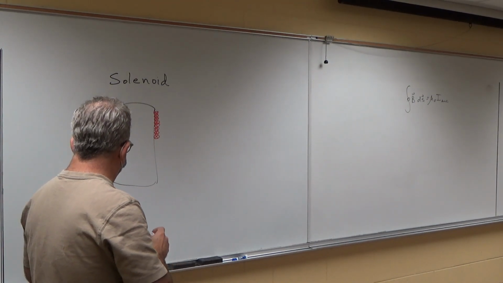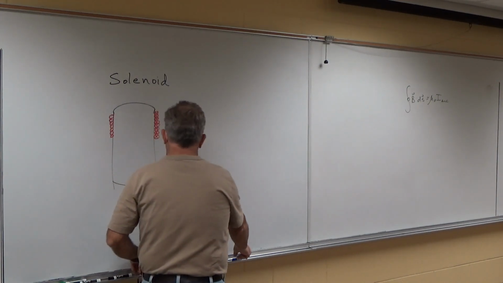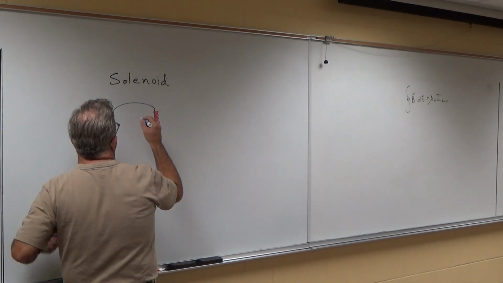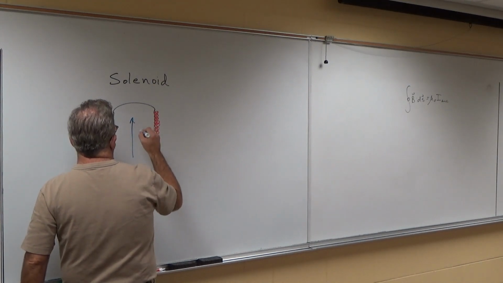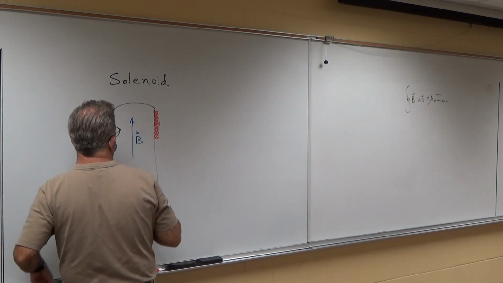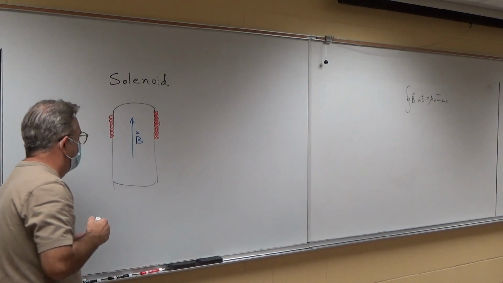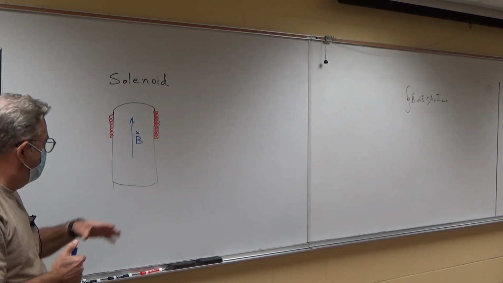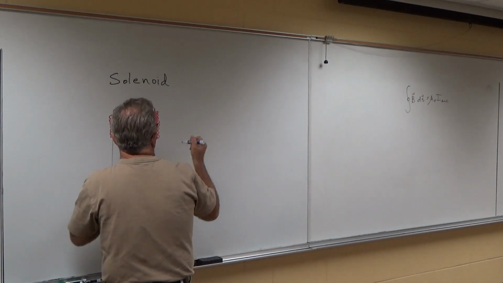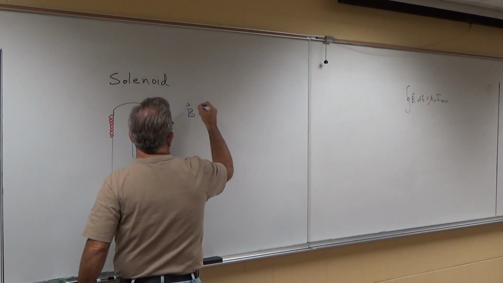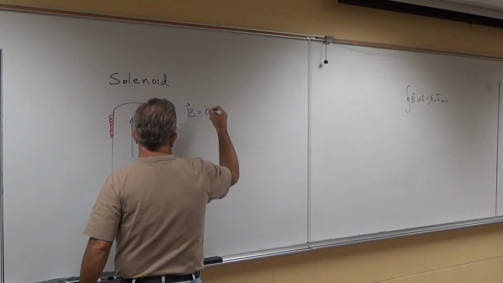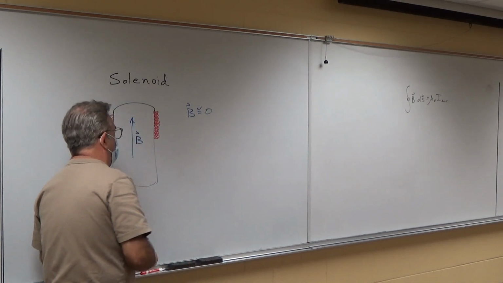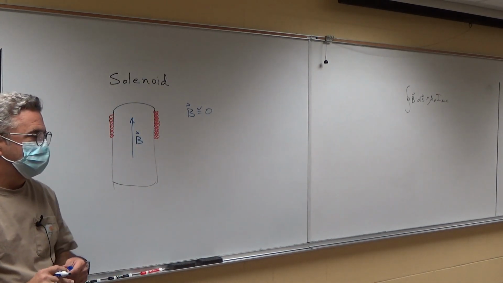All right. Inside the solenoid, you get this nice uniform field. Okay, I'm representing it with one vector. Outside, we're just going to say B is equal to 0. Negligible, or it's really, really small compared to this.